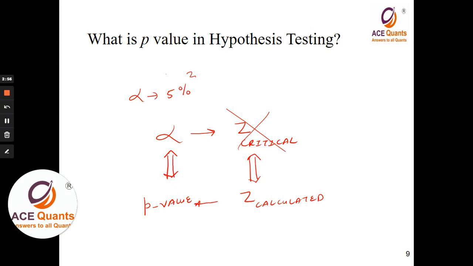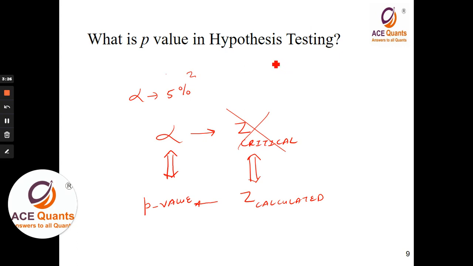Given the value of alpha, we found out the Z critical, and the Z critical was compared with Z calculated, but we are going to take the opposite route and we are going to find the Z calculated, and this Z calculated will be converted into the p-value. Remember, p-value like alpha is the area, and therefore this p-value is compared with alpha to draw some inferences.